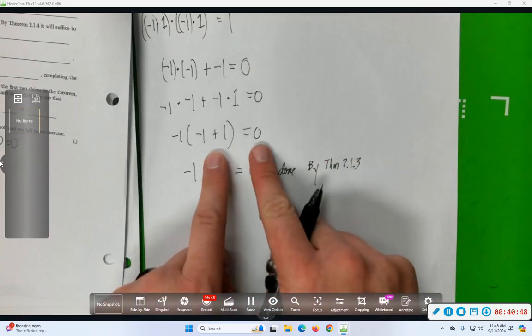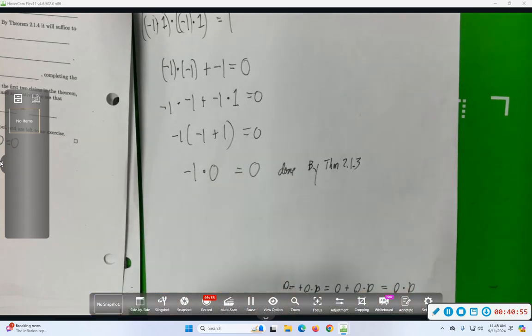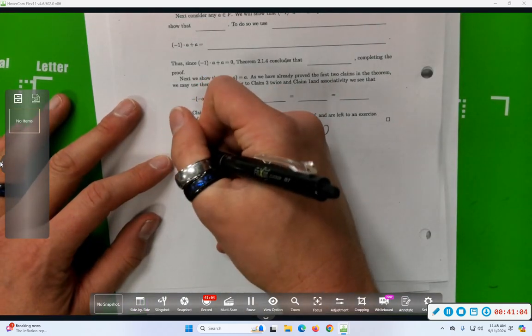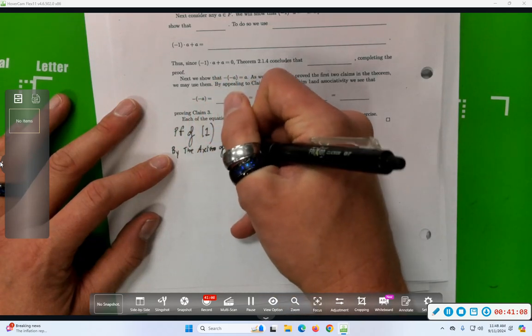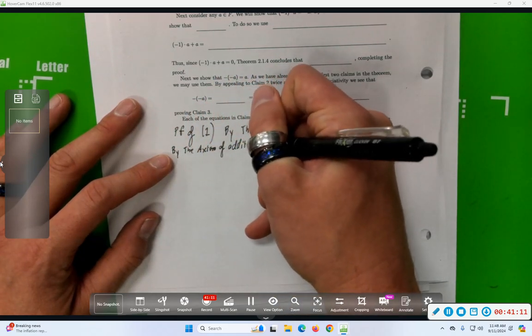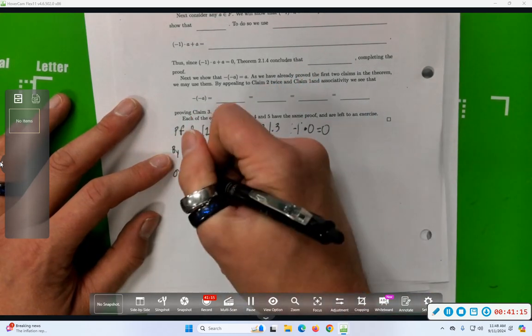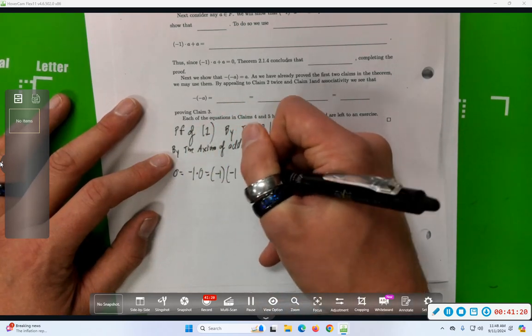So how do you go from here to there? Yeah. So by the axiom of additive inverses, 0 equals -1 times 0 equals -1 times -1 plus 1.